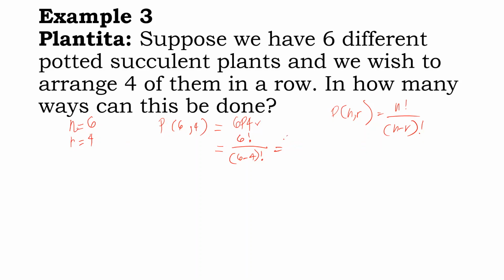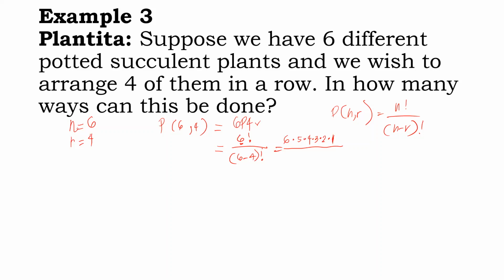You start at 6, times 5, times 4, times 3, times 2, times 1. You start with the number here and multiply it by the numbers that follow, going downward until you reach 1. That is how to simplify 6 factorial.